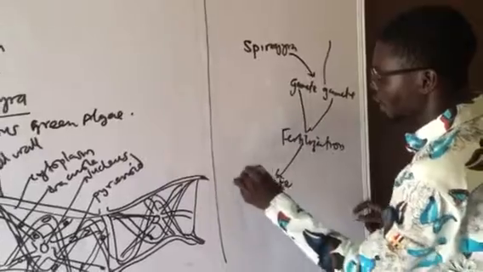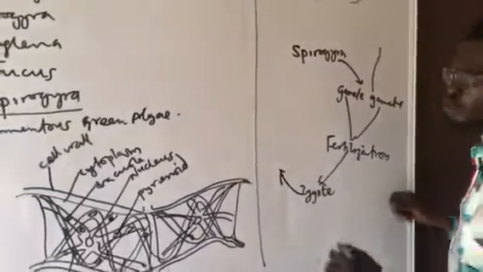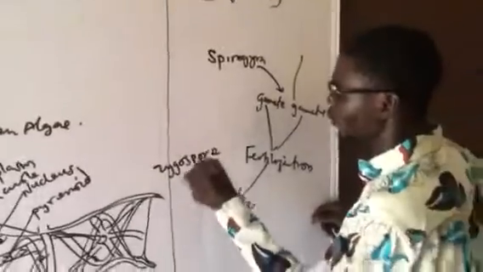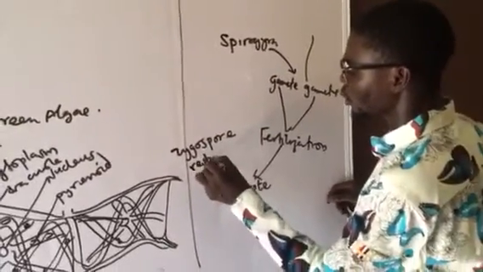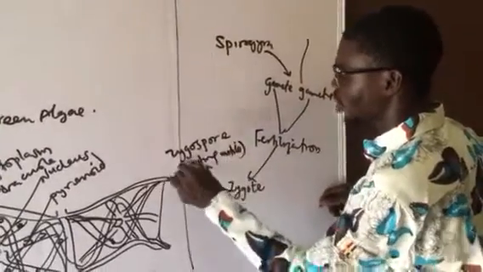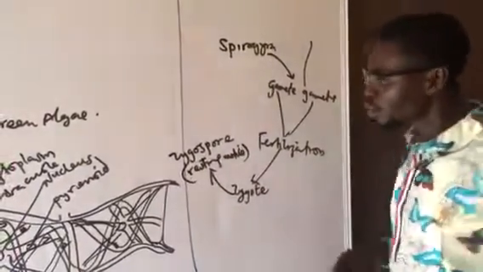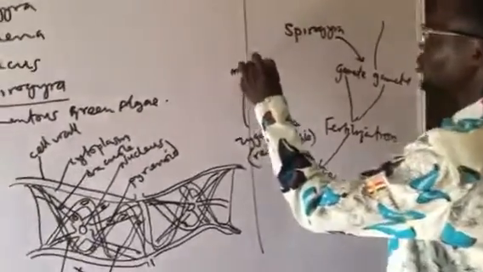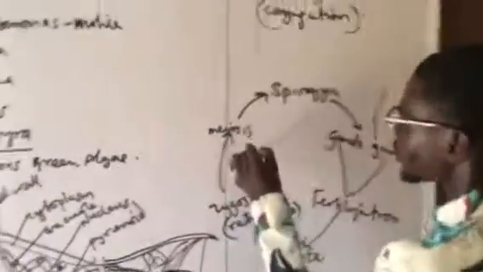In Spirogyra, this zygote usually forms a thick coat to form what we call a zygospore. Zygospore is a kind of resting spore. That is, it is immotile, it doesn't move. So this zygospore is the one that will now carry out meiosis to form the Spirogyra. So this is the life cycle, the sexual reproduction in Spirogyra.